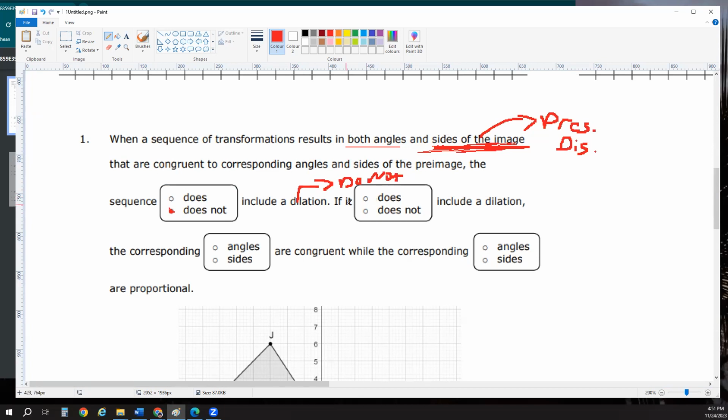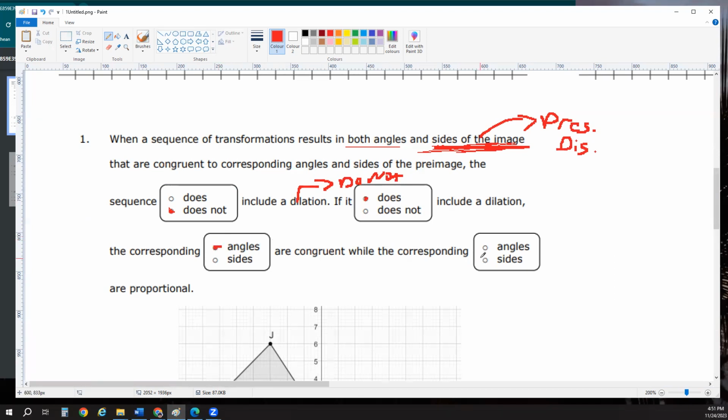So if it does include a dilation, the corresponding angles are congruent.